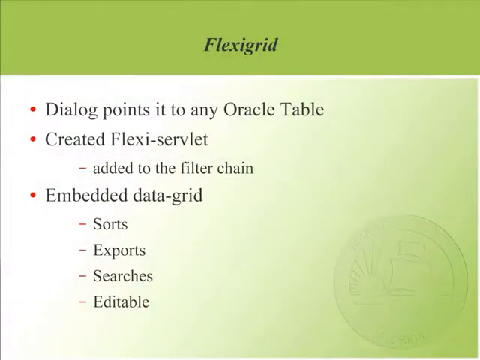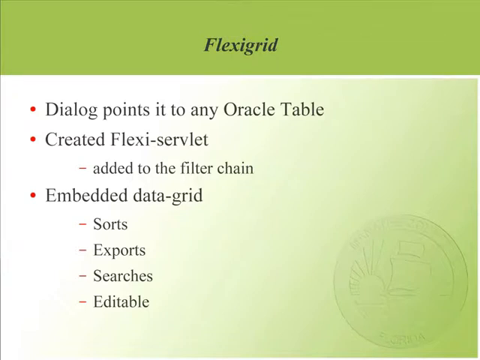So this is Flexigrid. Flexigrid is one of my favorite features that we've added to our sites. It's a jQuery data grid that was integrated into Magnolia by one of our other developers. He was already using Flexigrid in another application, so this is a good example where we got to use our existing knowledge and code in the new website.